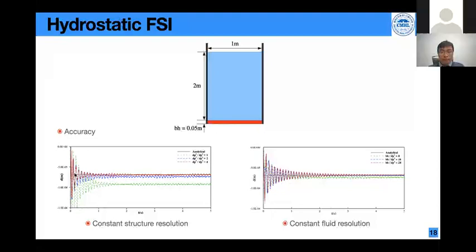As you can see here, this is the analytical solution. As the fluid resolution increases, the simulation results converge to the analytical one. In this simulation, we keep the fluid resolution constant, then vary the resolution of the structure. Again, a good agreement is noted.